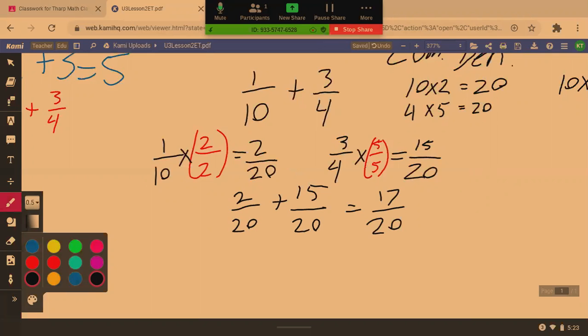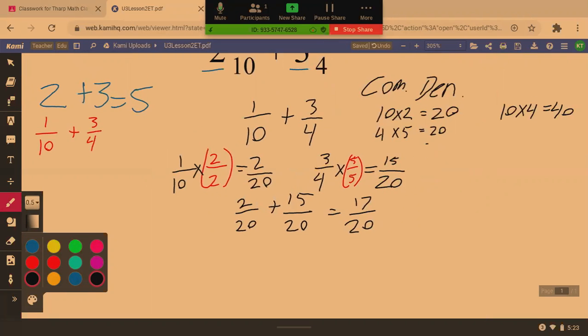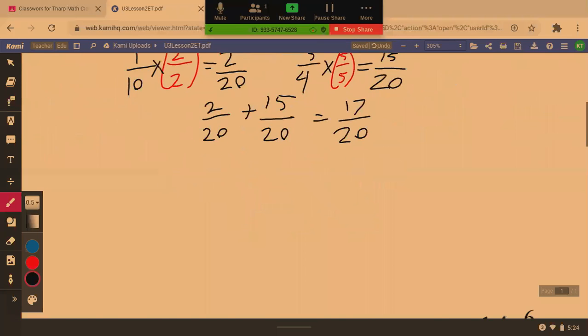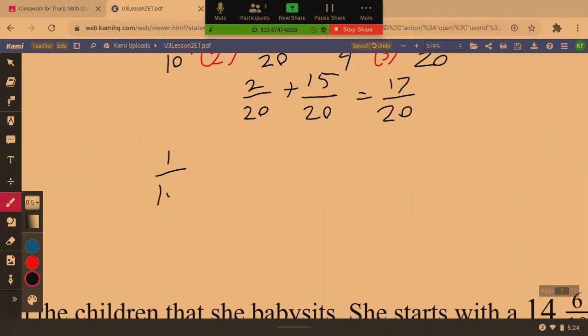So let's say that you didn't come up with the common denominator as 20, but rather you got 40. And that is okay. So let's see what would happen. 1/10 times, and we said the common denominator was 40, and then 3/4 times, the common denominator was 40.